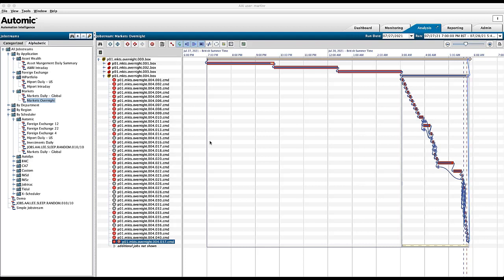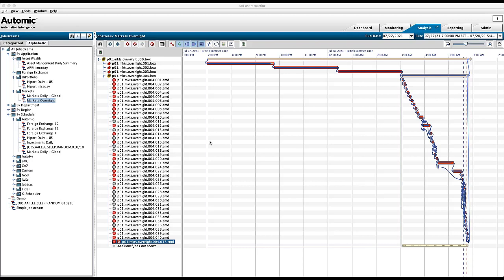So you can very easily determine where you are in the execution of a job stream, what percentage of execution has taken place, and what remains to be run in terms of remaining jobs.